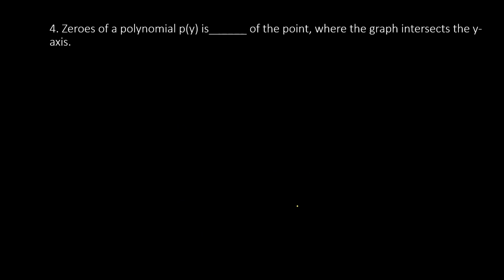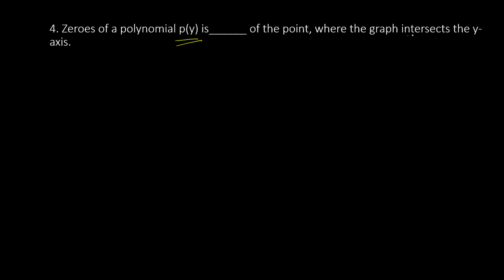Zeros of a polynomial p of y is dash of the point where the graph intersects the y-axis. This is a polynomial which is in the variable y. You need to find out how many zeros does this have.